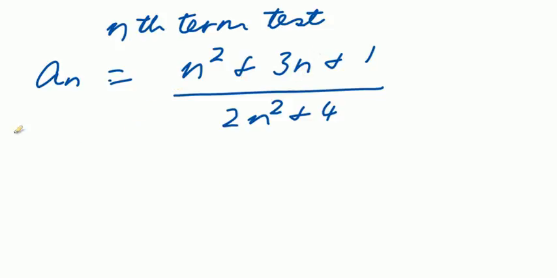Now an is the nth term of the series. The series will be sigma an, i equal to 1 to infinity. Now we want to see whether this series is convergent or divergent.